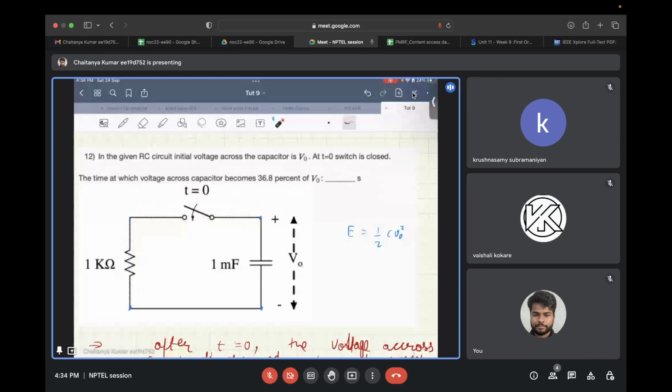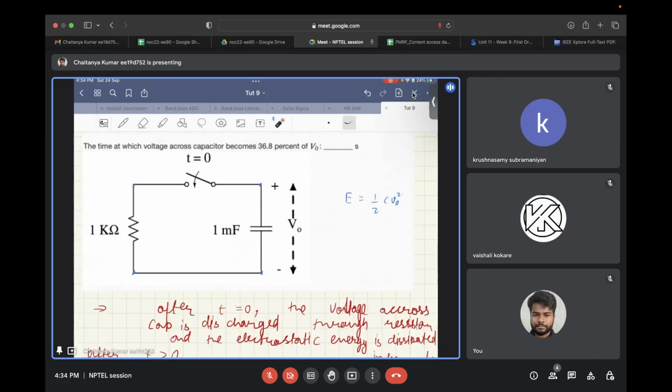And where does this energy go? This energy is dissipated by the resistor in the form of heat. So all the electrostatic energy present on this capacitor will ultimately go to zero, the voltage of the capacitor will go to zero, and by the time the steady state is reached, all this energy will be dissipated in the form of heat across this resistor.